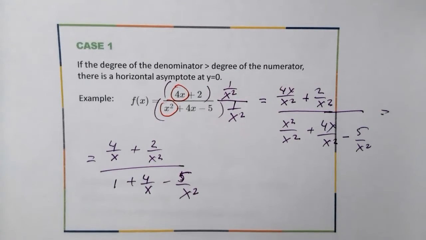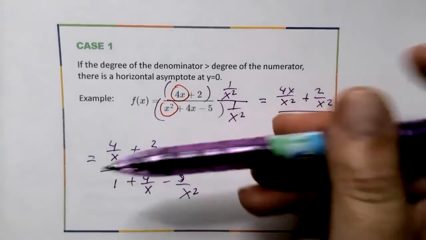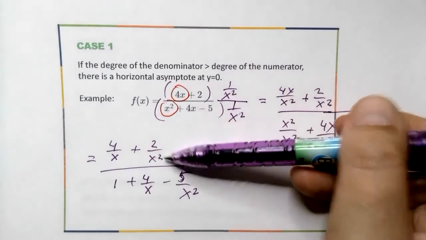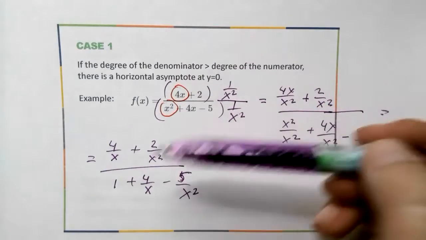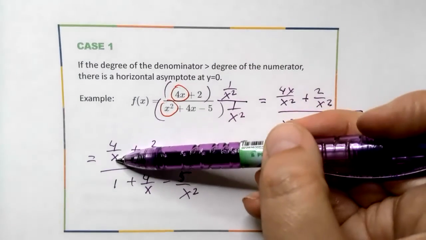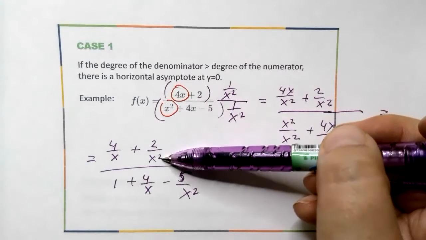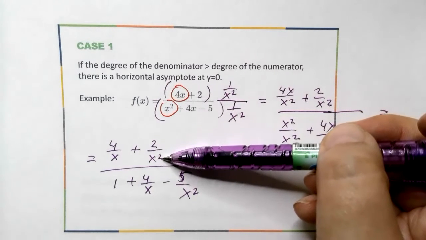Now let's pretend that our x is growing. If we start with 10, then 100, then 1,000, 10,000, a million, and so forth. So what's happening with these fractions? Well, if x equals 10, for example, here we have 4 divided by 10, 2 divided by 100, 10 squared, right?